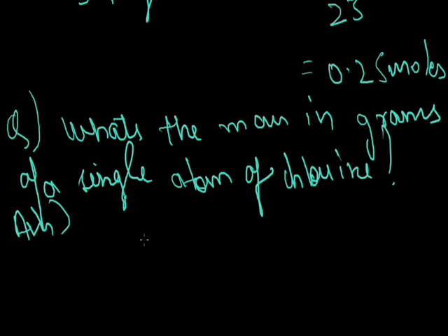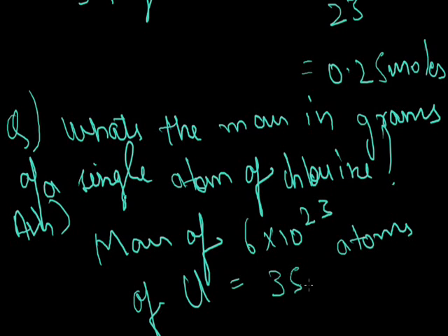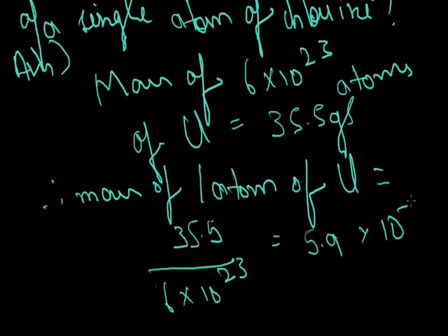So the mass of one atom of chlorine will be 35.5 divided by 6 into 10 to the 23. So the answer will be 5.9 into 10 to the minus 23 grams. This is the weight of one atom of chlorine.